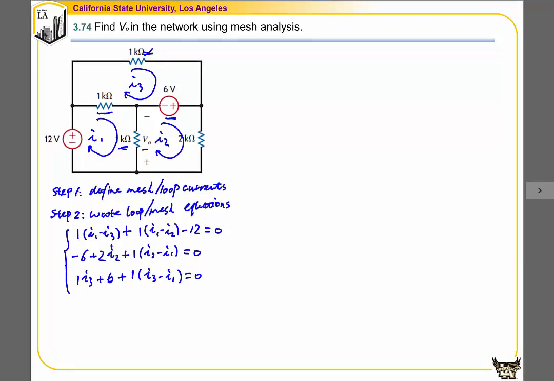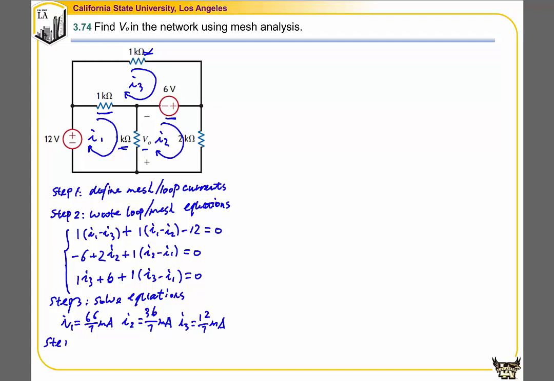The third step is to solve the equations. We can find I1 equal to 66 over 7 milliamp, I2 equal to 36 over 7 milliamp, and I3 equal to 12 over 7 milliamp. And step 4 is to get the conclusion.